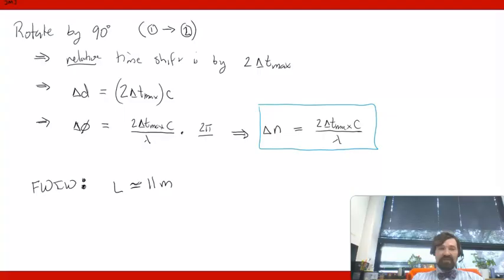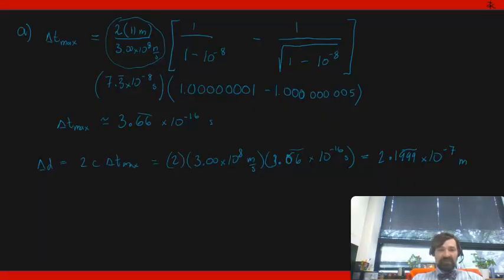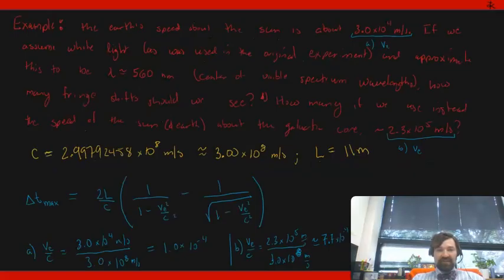So if what you're wanting to get now is the number of fringe shifts, well, this top part is the distance we just calculated. We've got to divide by lambda. So lambda, again, is given as 560 nanometers, or if you prefer, that is 5.6 times 10 to the negative 7 meters.